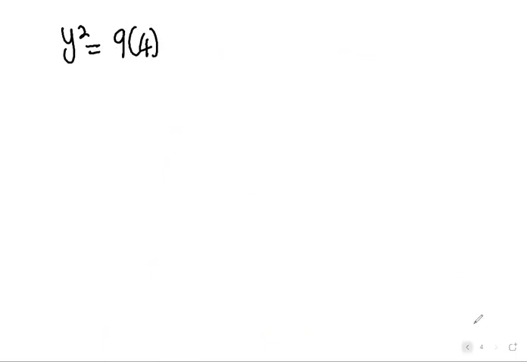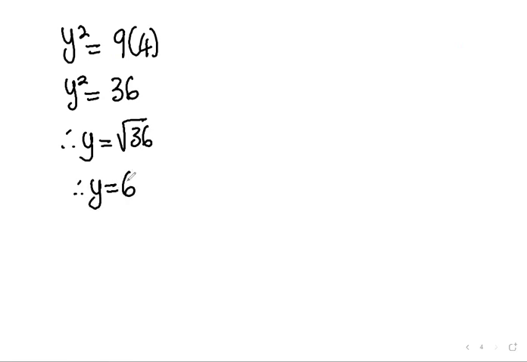So this is what actually we had previously, right? Now from here we're going to say y squared equals, so now we're going to multiply 9 times 4, that's 36. So we're going to say 36, and we know that therefore y equals the square root of 36. y equals 6.